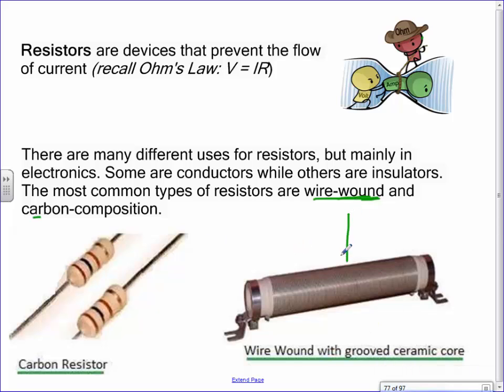It looks something like this. I found a picture online so you can see what they look like. Or sometimes you have what's known as a carbon composition resistor. It looks like this. Long story short, it is a device that when you put it in your circuit, this little thing right here is going to slow down the electrons. It's going to prevent the flow of current, maybe to the point where it doesn't flow at all.